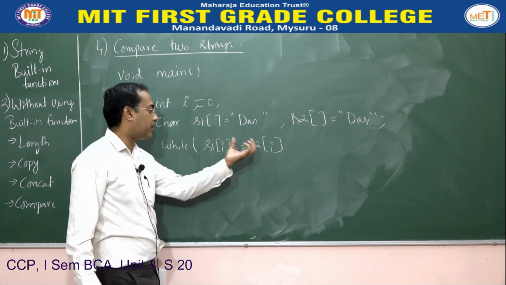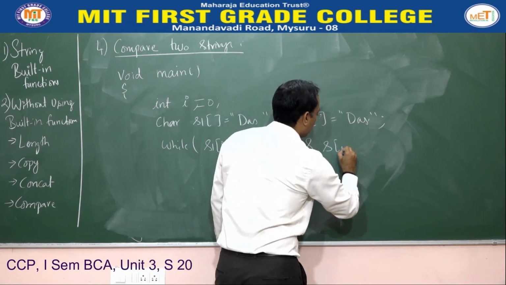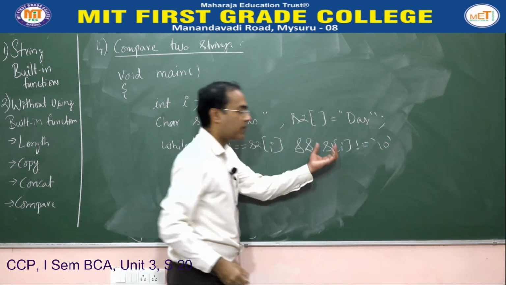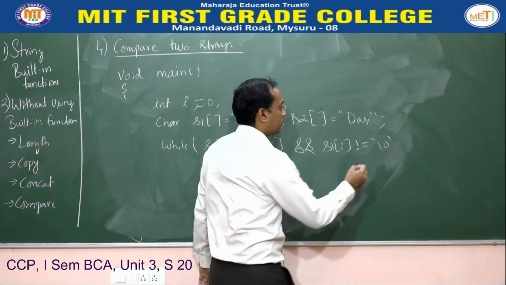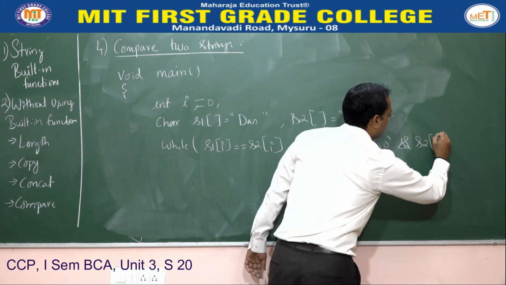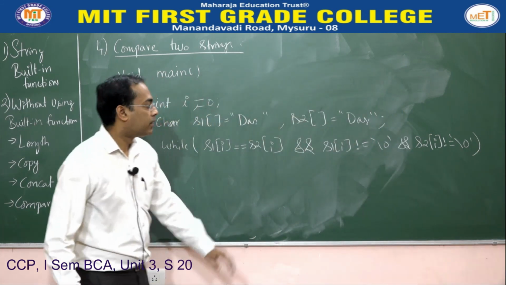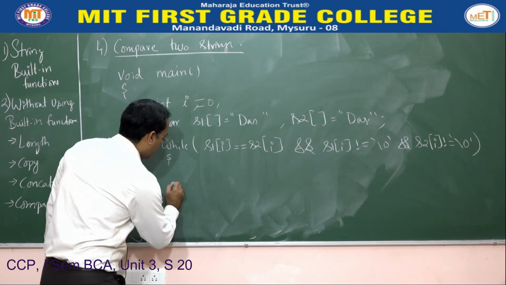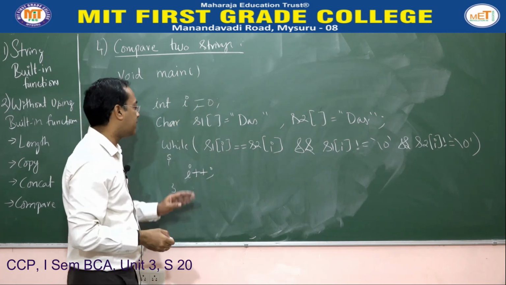We are checking character by character, and S1 of i not equal to \0, in the sense the first string has to loop till the end of the string, and one more, and S2 of i not equal to \0. So you have to check multiple conditions over here. If so, go to the next location.